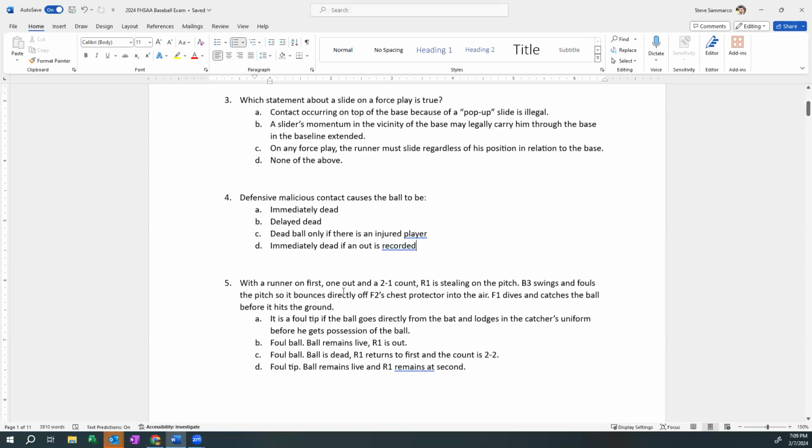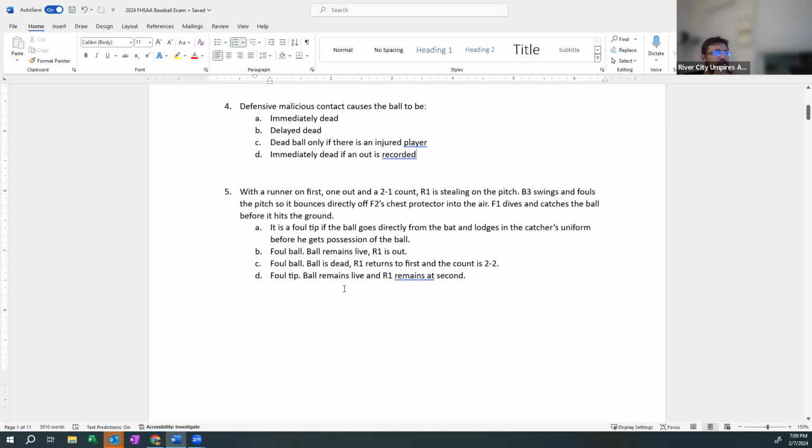Okay. With a runner on first, 1 out, and a 2-1 count, R1 is stealing on the pitch. B3 swings and fouls the pitch so it bounces directly off F2's chest protector into the air. F1 dives and catches the ball before it hits the ground.